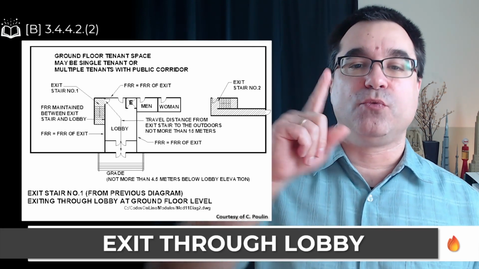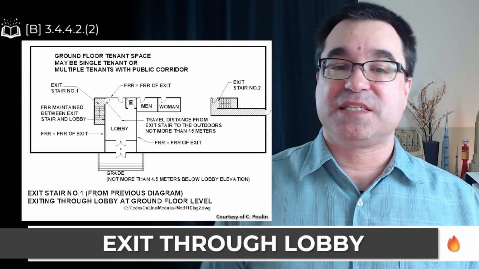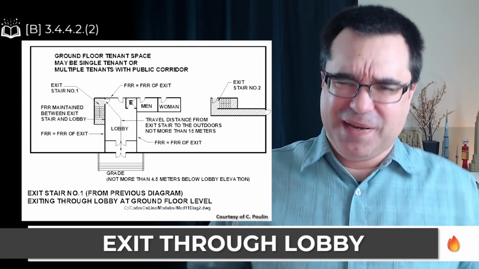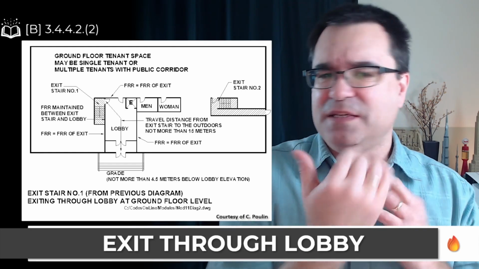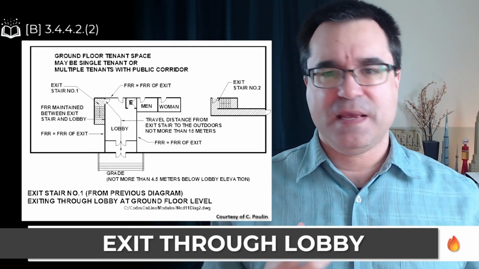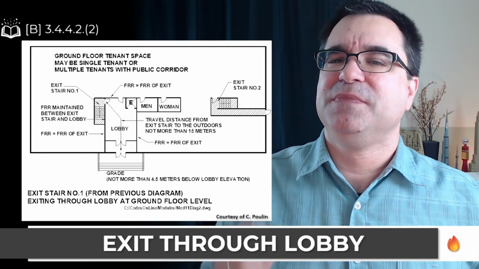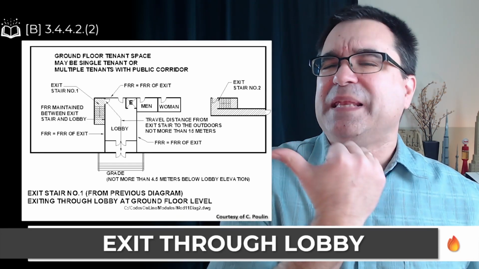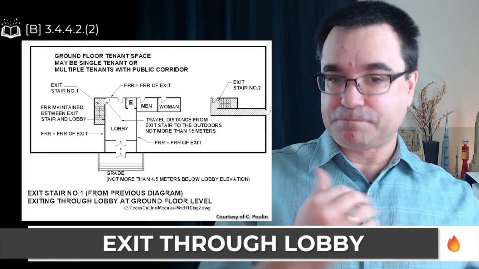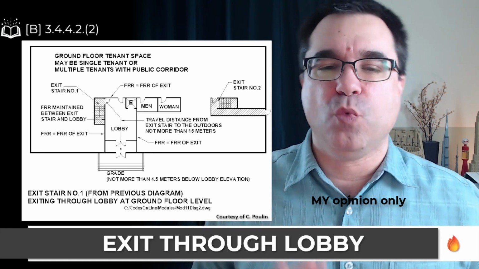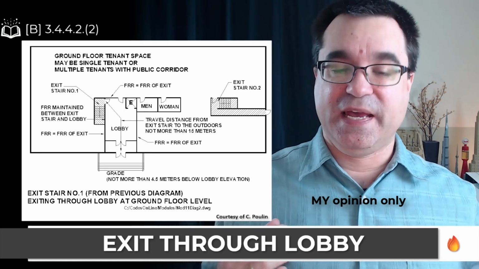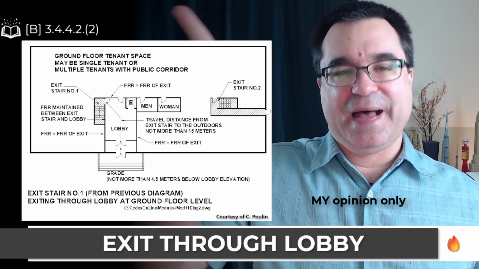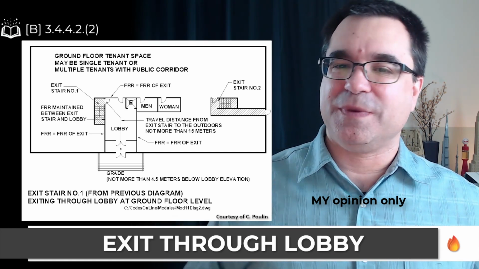That is, you can redirect one of the exits through a lobby, but a lot of requirements need to be met. Some of them are shown in this setup, but there's a lot of things that need to happen. Typically, unless it's absolutely necessary, I recommend trying to avoid, for new construction especially, an exit through a lobby, unless you're aware of all of these requirements that need to happen, okay?